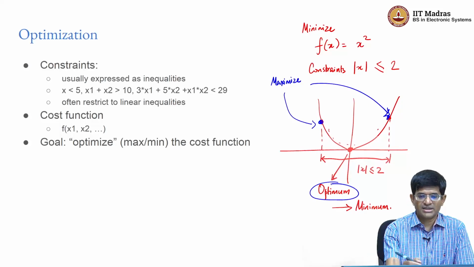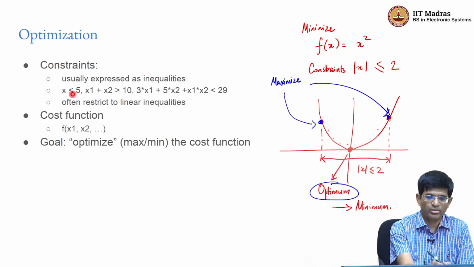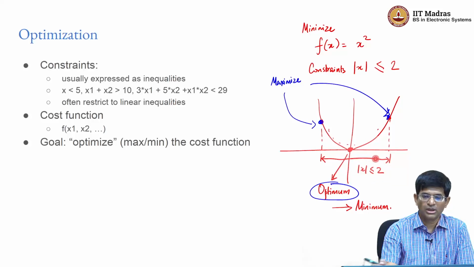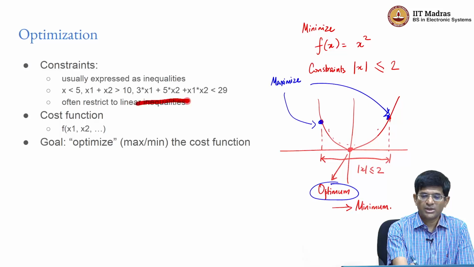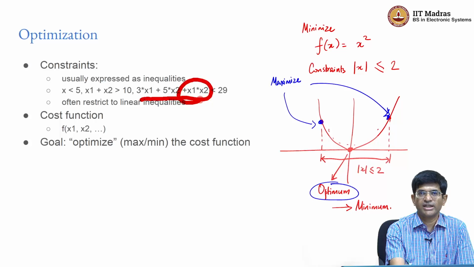Now very often constraints are expressed as inequalities of some kind. It could be something like just x less than 5, or in this case mod x less than or equal to 2, or you might have x1 plus x2 greater than 10, or 3x1 plus 5x2 plus x1 into x2 less than 29. Now x1 plus x2 greater than 10 is an example of what's called a linear inequality. 3x1 plus 5x2 is so far so good, but plus x1 into x2 is a nonlinear inequality.